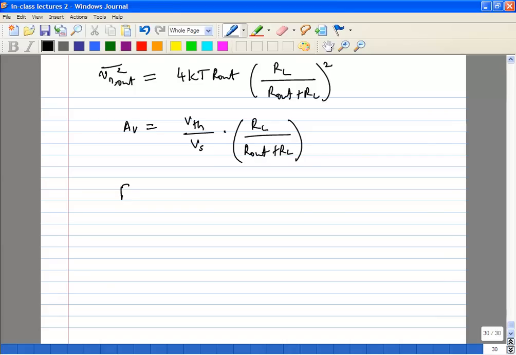Okay, so what is your noise figure? It's the total output noise over the output noise due to RS times AV squared. So you take the noise due to RS multiplied by the square of the overall gain.